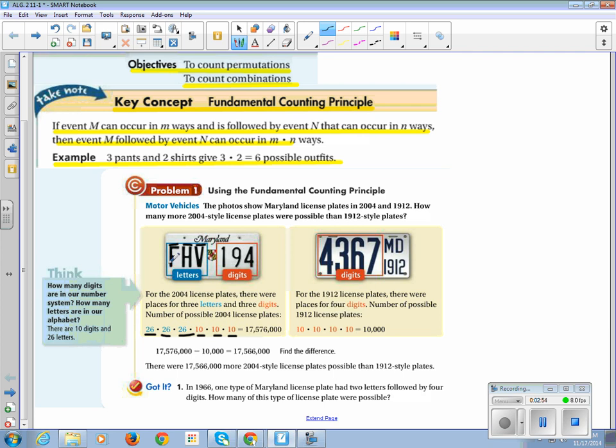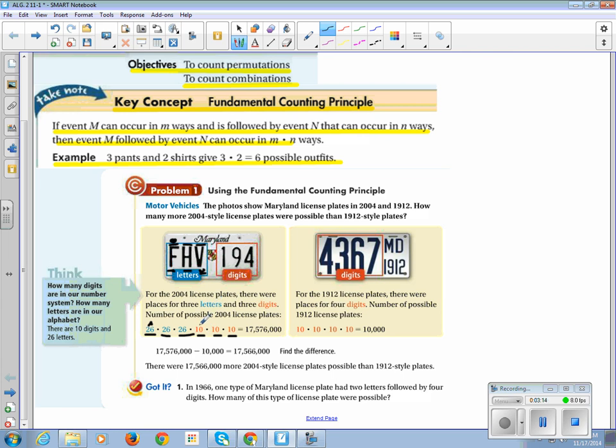So how many possibilities are there for this first letter? You look, and there are 26 letters in the alphabet, so there are 26 possibilities for that first slot. And then for the second slot, also 26. The third slot, also 26.